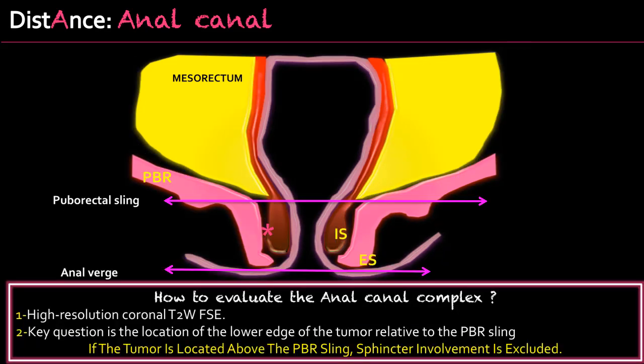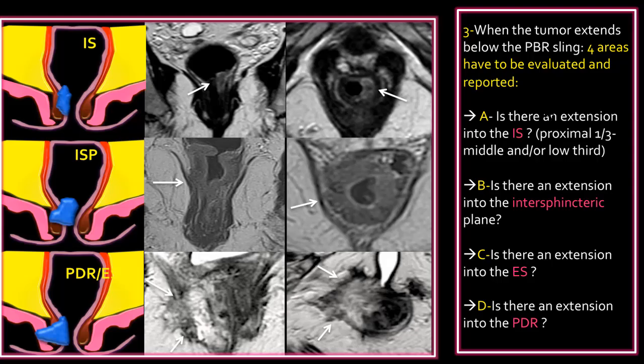So how to evaluate the anal canal? So first you will do coronal high resolution T2, and then the first question is to locate the tumor, whether it's above or below the puborectal sling. If it's above, you are fine. There is no risk of sphincter invasion. If it's below, you need to evaluate all those four areas: the internal sphincter, the intersphincteric space, the puborectal muscle, and the external sphincter.